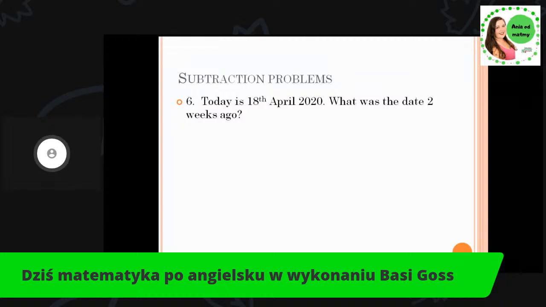What was the date 2 weeks ago? When we read the date in English, we actually say "the" and "of", but we don't write it down. So it's the 18th of April 2020. What was the date 2 weeks ago? And this was the date of our last lesson, because we didn't have a lesson last week.